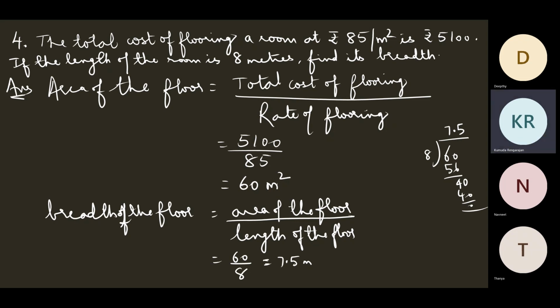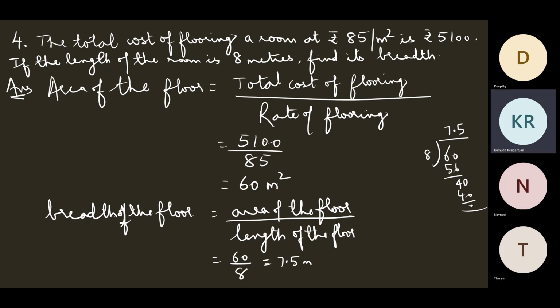If the activity is flooring or carpeting, in such situations, when you divide the total cost by the rate, you will get the area of the room or the area of the floor or the area of the rectangle.